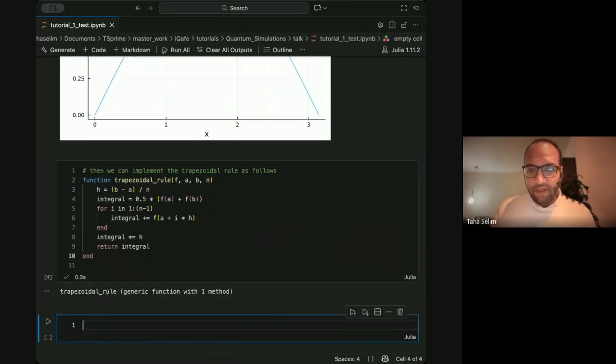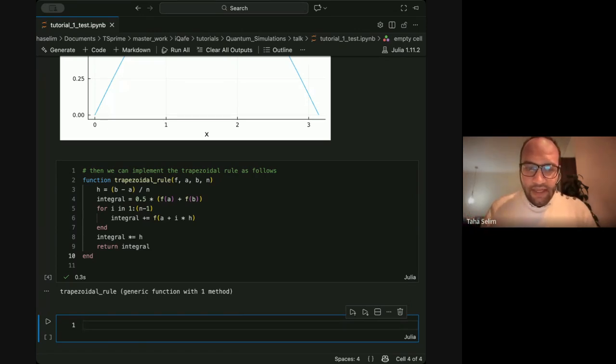Julia is fast because it's a compiled language, so you can compile the functions on the fly in the memory. In the beginning it's very slow because the compilation takes time, but then you have a virtual image in the memory of this function, so when you call it, it becomes super fast. Julia is like a hybrid language.